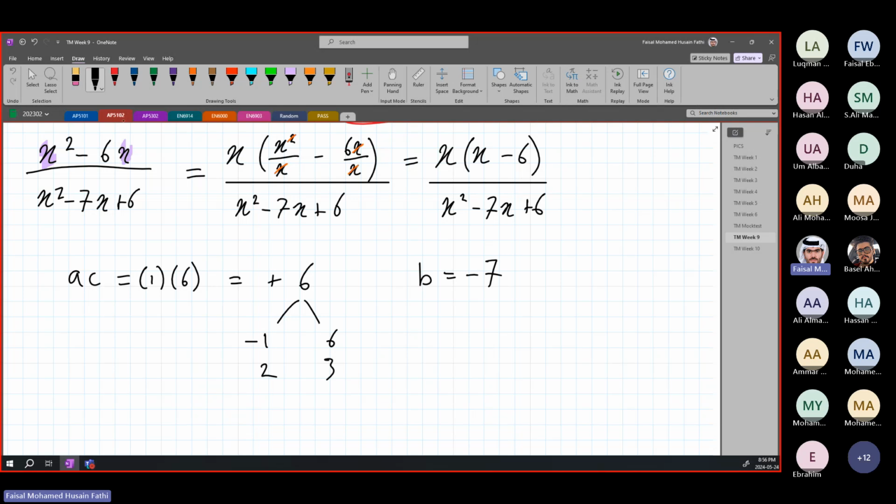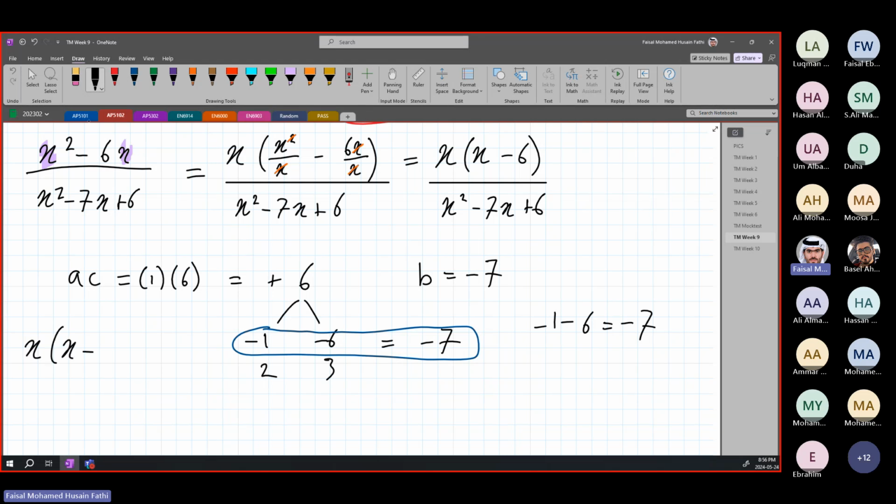If this is minus and this is minus, minus 1 minus 6 is equal to minus 7. So I know these are the factors I need, minus 1 and minus 6. So I can rewrite this now as x minus 6 divided by x minus 1 times x minus 6.